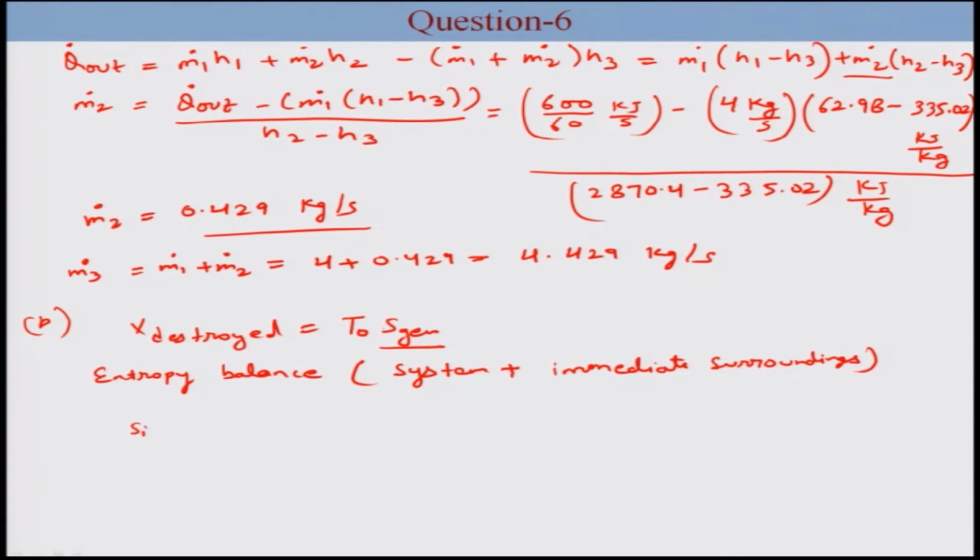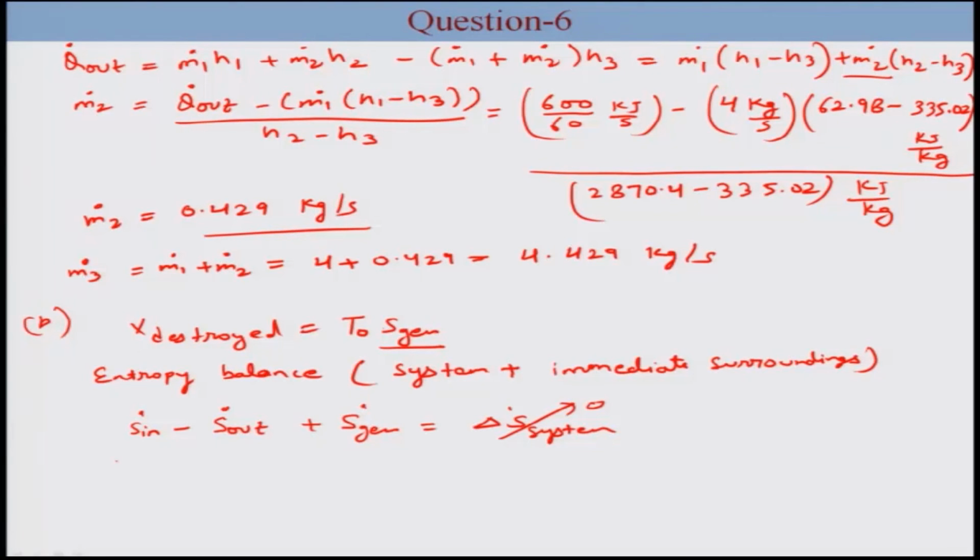It gives S in dot minus S out dot plus entropy generated is equal to delta S dot of the system. Again, this will be 0 because of the steady flow conditions.